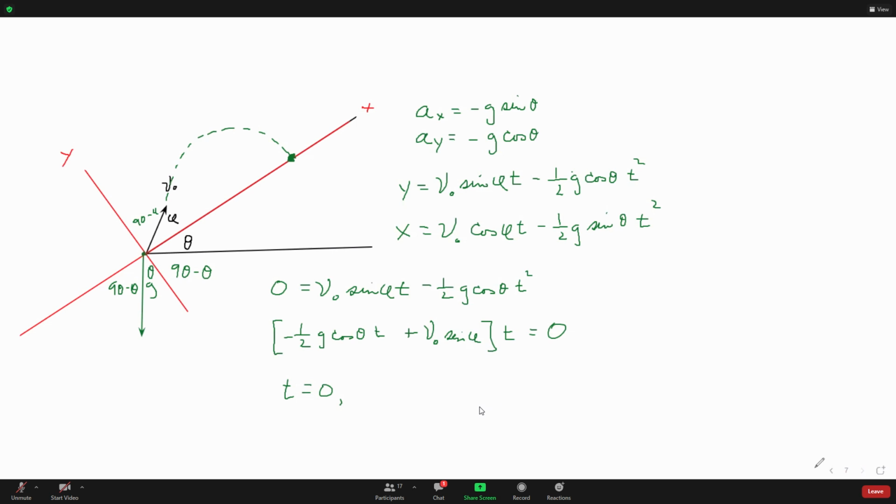Sophia, what's the other solution besides 0 to this equation right here, that equation? All right, Tuan, what's the solution?